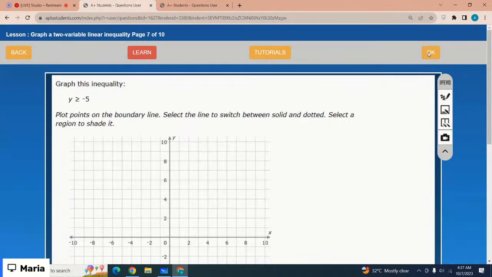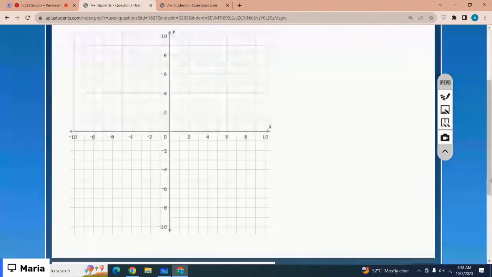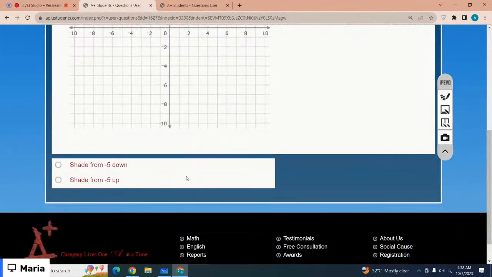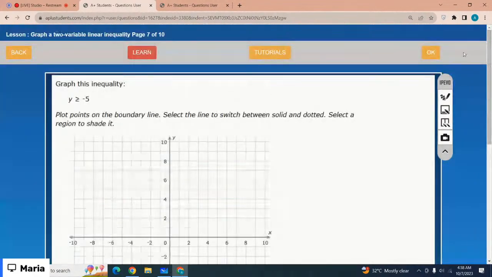Graph the inequality y is greater than or equal to negative 5. So which is the correct option? Greater than or equal to negative 5, right? So here is negative 5. That means shade from negative 5 up, right?